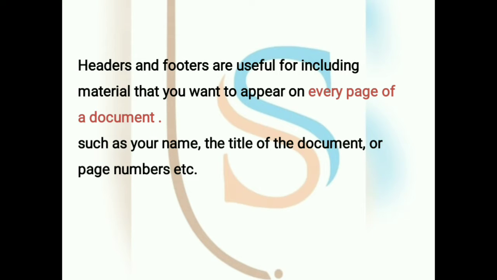Whatever you write in the header section will display on every page, and the footer works the same way. Basically it is used to write the name, the title of the document, page number, etc. As you can see in your books, at the bottommost side of the page there is a page number, 1 2 3. That is the footer section of the page.